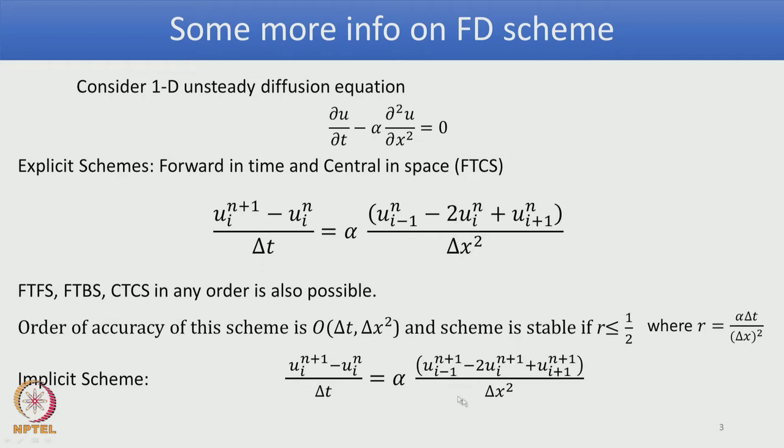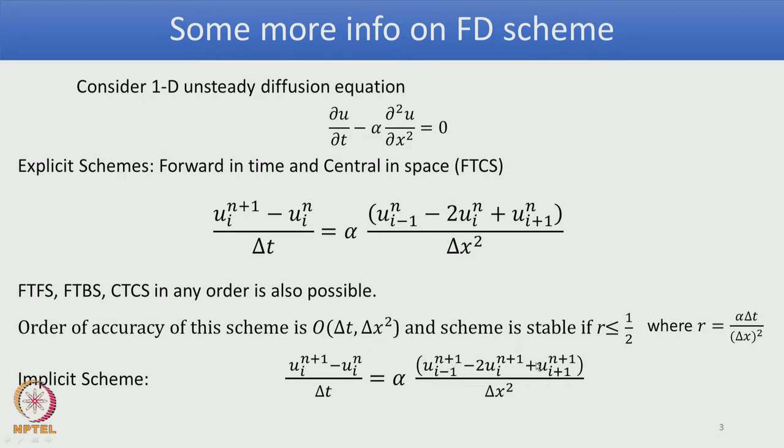It is central in space because we consider u of i-1, u of i and u of i+1, but it is implicit, which means it is evaluated at the same time level. The time level here is n+1, so all these variables are considered at the same time level. You observe the superscript n+1 in all three terms.